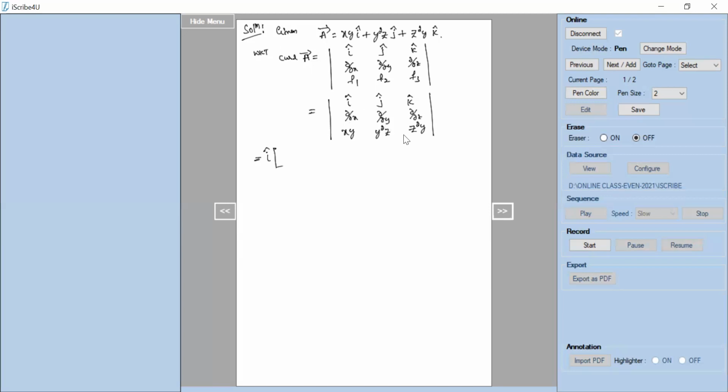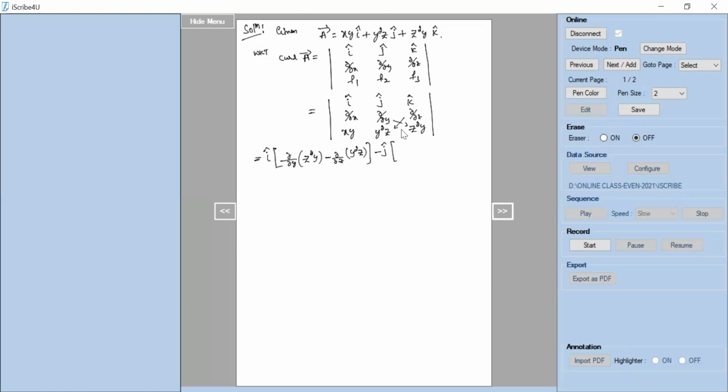It is a cross product of these two. ∂/∂y of this minus ∂/∂z of this. So it is ∂/∂y of z square y minus ∂/∂z of y square z, the first term. Minus j hat into, so just leave this column, leave this row.